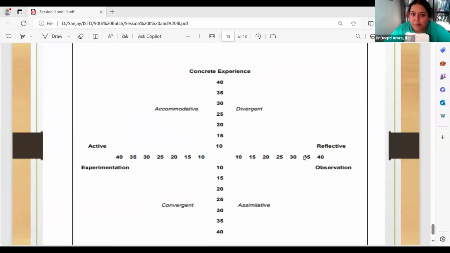Sir, I need help. Yes, tell me. Sir, can I share my screen once? Yes. Okay, I'll stop this and then you can share so that we can have a look. Who's this? This side is Rahul. Okay, please share.